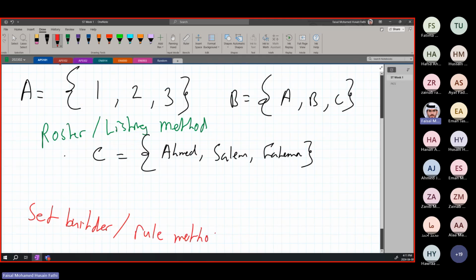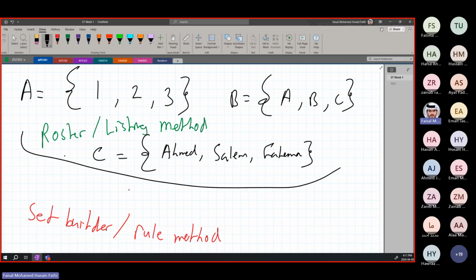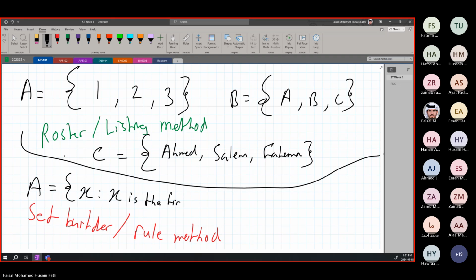If we take the same examples as the above ones, we can say, for example, A is X, where X is the first 3 positive integers.